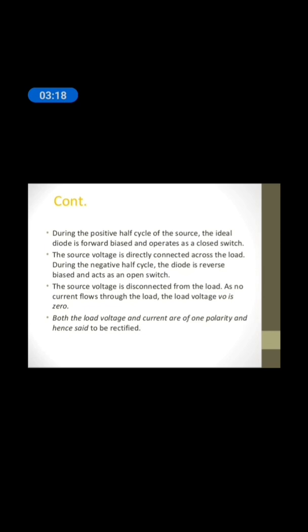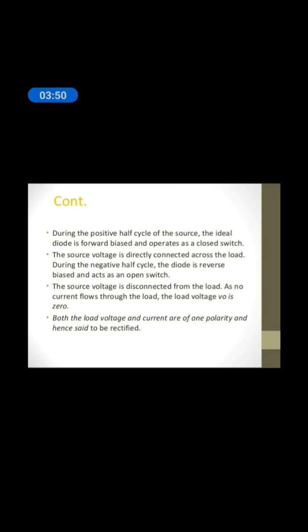During the positive half cycle of the source, the ideal diode is forward biased and operates as a closed switch. We know that when diode becomes forward biased, it will operate like a closed switch. The source voltage is directly connected across the load. During the negative half cycle, the diode is reverse biased and acts as an open switch.